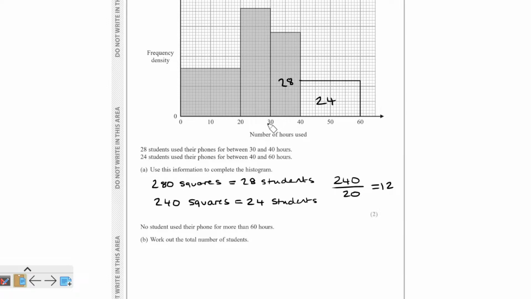So this one here, 20 to 30, is obviously 10 squares along. 10, 20, 30, 36, isn't it? So you see how that one's 360 squares? Well, we know that therefore it would be 36 students, wouldn't it?